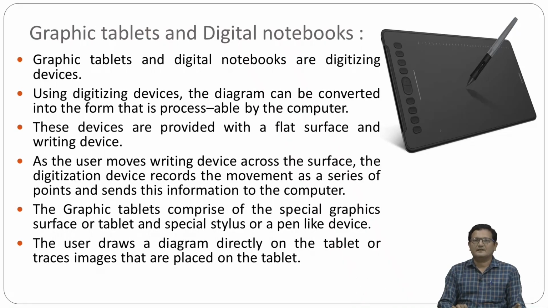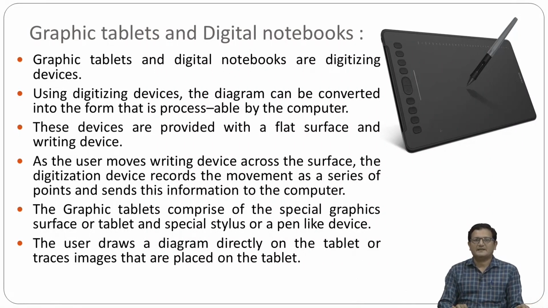You just have to do your signature on this tablet with the help of that specialized pen, and whatever signature you do will be captured and read by this device, and it will be sent to the computer system through the cable, right. So whatever signature you do on this pad will be captured in the form of an image, and you can get it into your computer system.